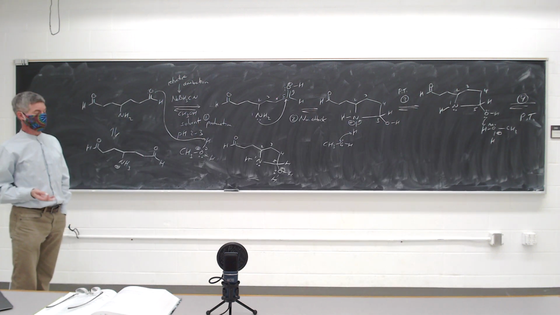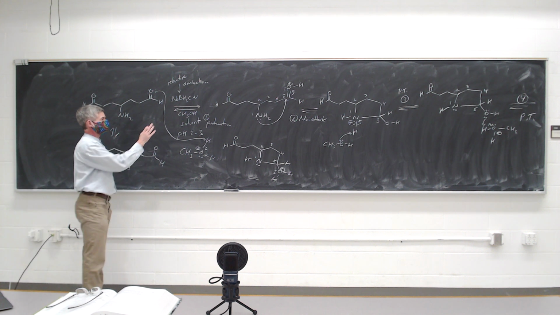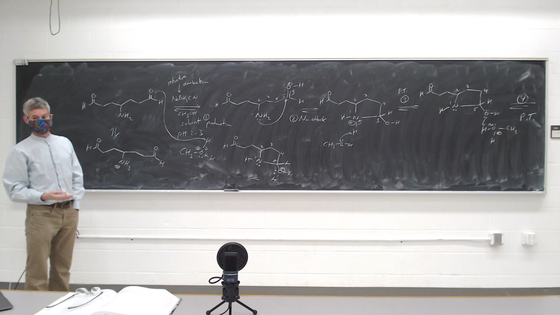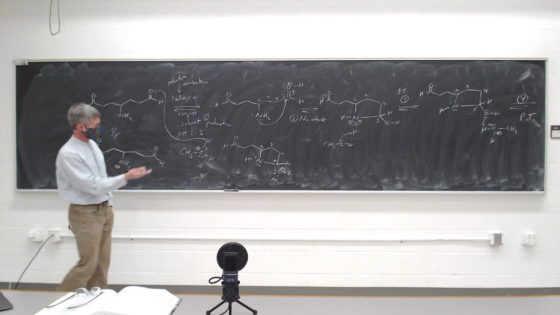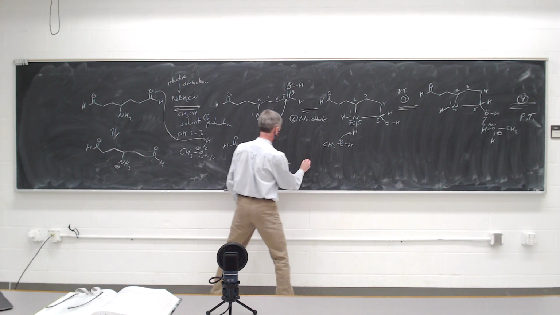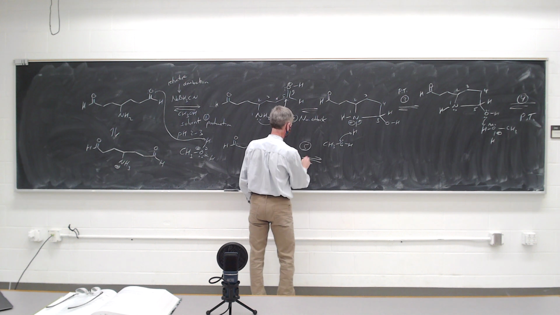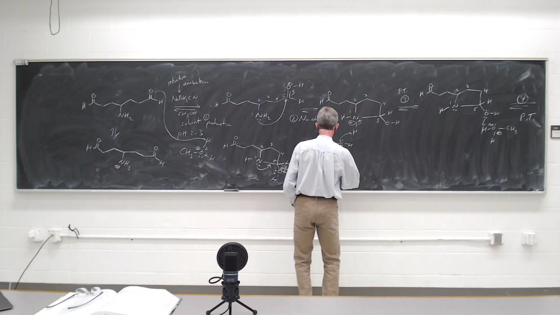So this is on the way to imine formation, or iminium ion formation in this case. Protonate the carbonyl group, nucleophilic attack from the amine, take a hydrogen off the nitrogen, put it on the oxygen. Now we're going to boot out water, to form an iminium salt.